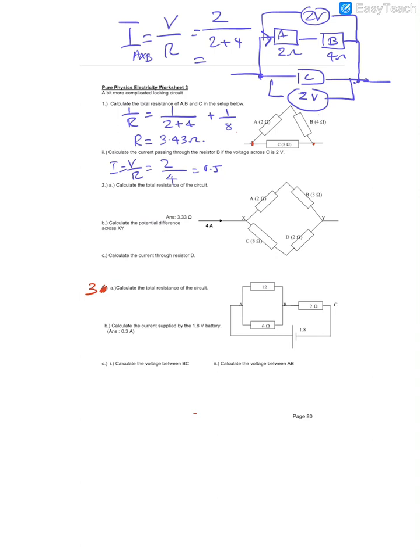That means this is what? 1/3. 0.33. So I calculated the current to be 0.33. Is that current the current that goes through B? Yes or no? It is, right? Why? Current is the same in a series circuit, right? A and B are series to each other.